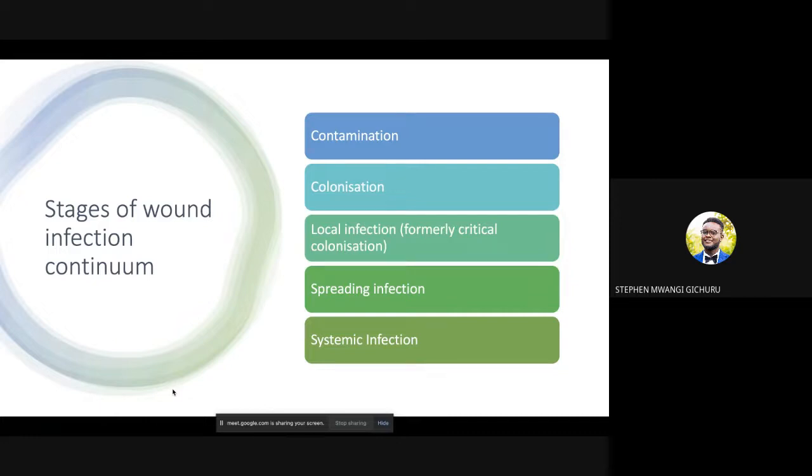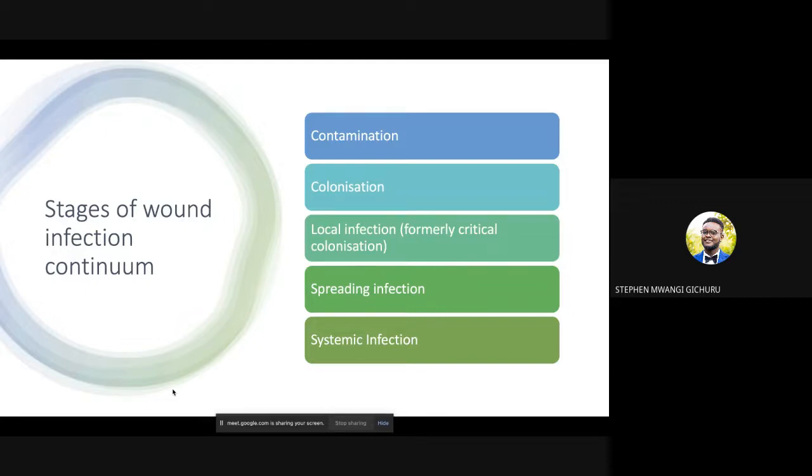Okay. And then we go to the spreading infection. In this one now, they're going into deeper tissues. In a local infection, it's just at the area. Spreading, they're going deeper. So they're going to your muscles, the fascia, they're going into the intra-abdominal organs and all that stuff. So this one now we start talking about cellulitis, lymphangitis.